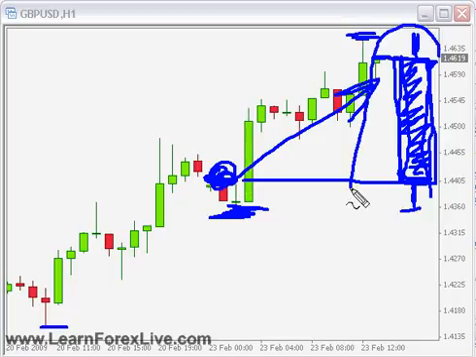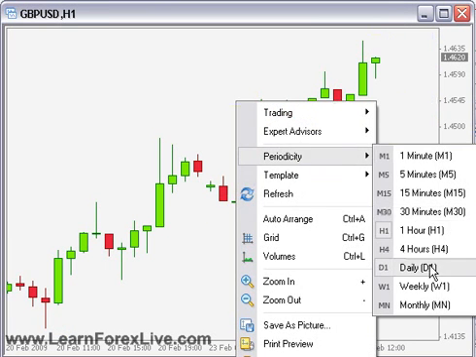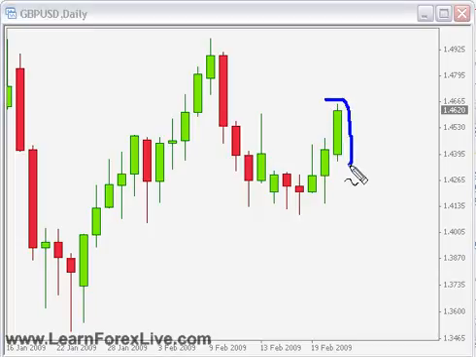Please remember this candle, and let's go back into the daily, and that's our candle. That last candle is the result of adding those individual 1 hour candles all the way from the beginning of the day until now.